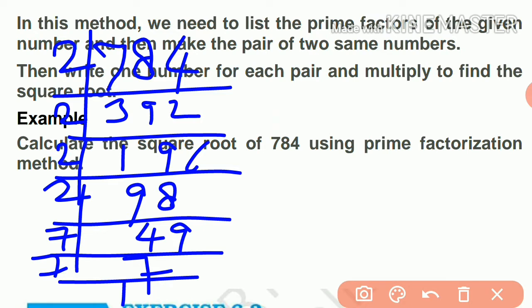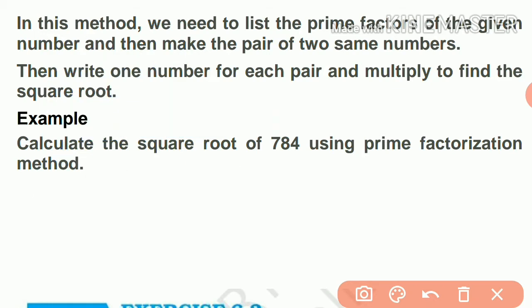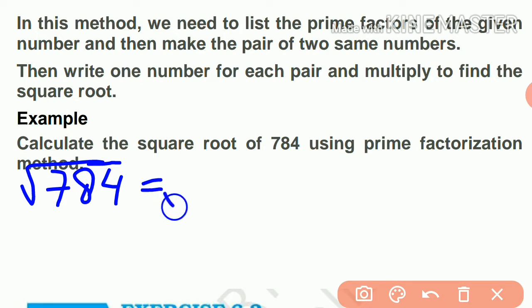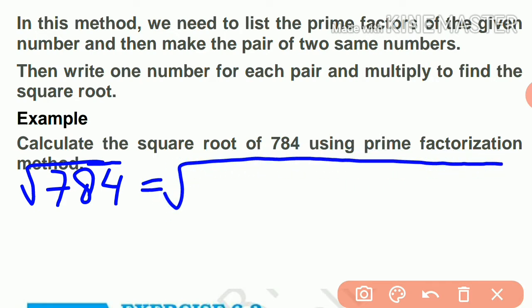So here there is one pair of 2, another pair of 2, and one pair of 7. So we can write the square root of 784 equal to the prime factors of 784, which are 2 into 2 into 2 into 2, four times, and then 7 into 7.